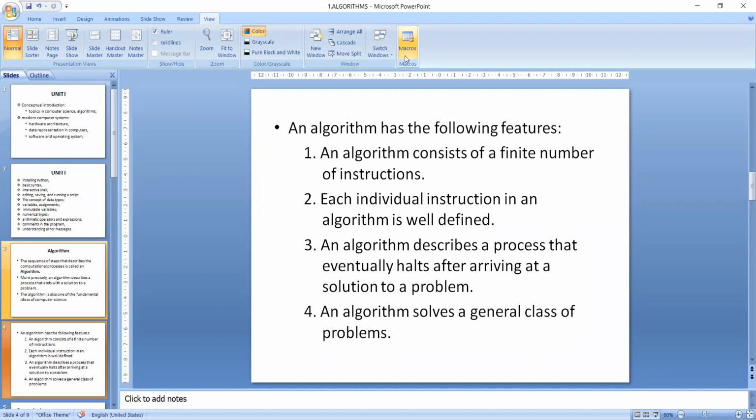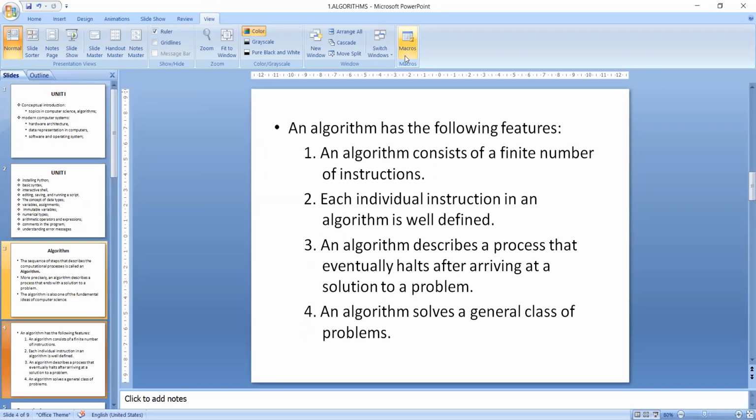Third one, step 3: an algorithm describes a process that eventually halts after arriving at a solution to a problem. Whenever you reach a solution for the particular problem, your program must safely halt.